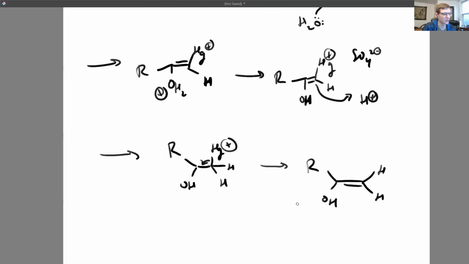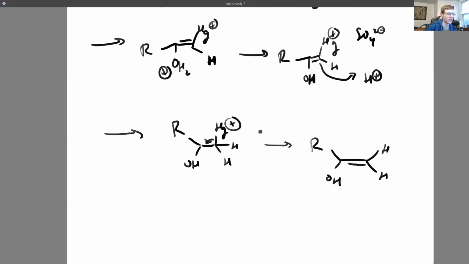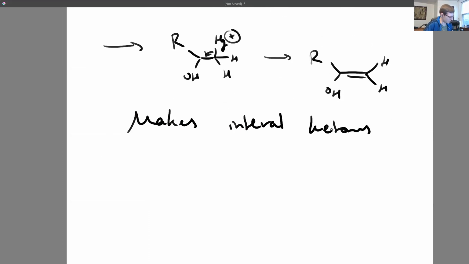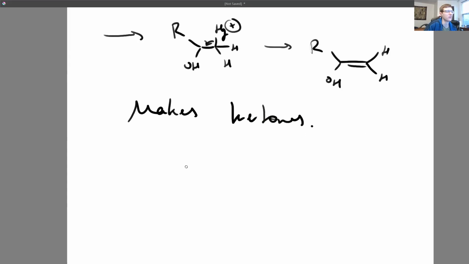Anyway, so this is it, and this is what we can use to make internal, well, ketones. I should just say, in general, we use this to make ketones. Okay.